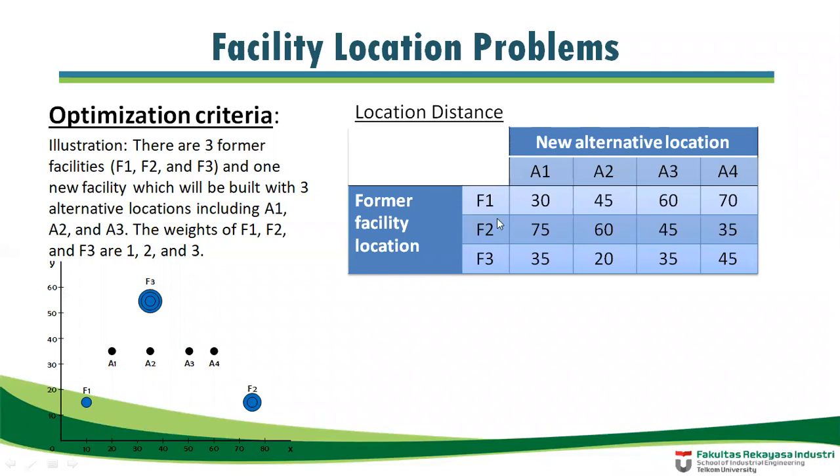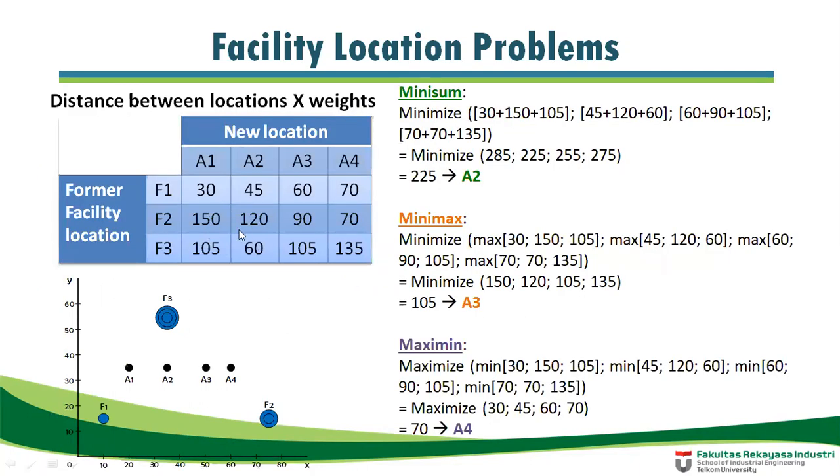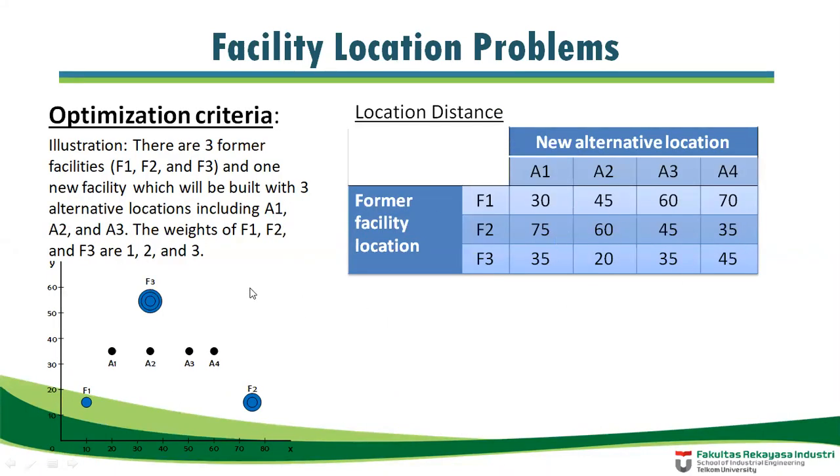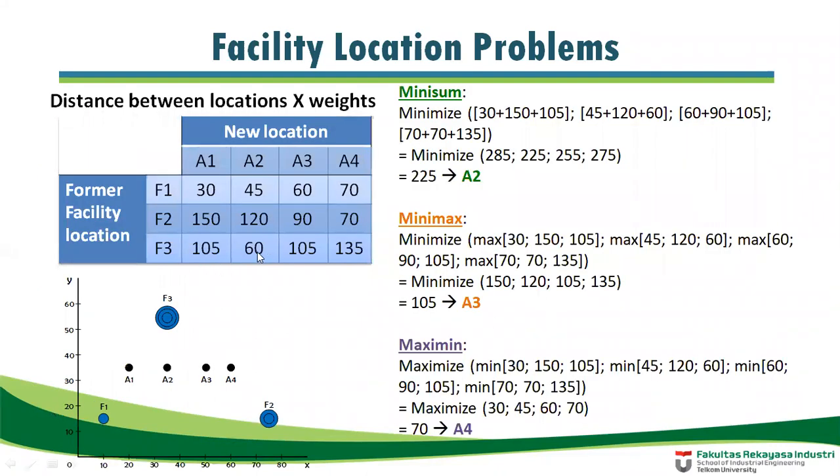For F2, since it has a weight of 2, you double all the numbers. So it will be 150, 120, 90, and 70. Got it? F3 will be times 3 since F3 has a weight of 3. Multiplying by three gives 105, 60, 105, and 135.